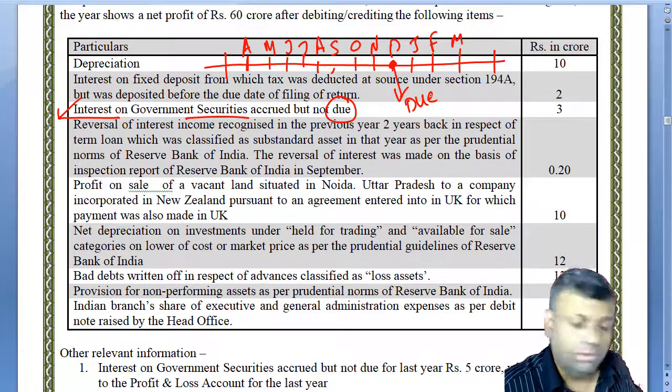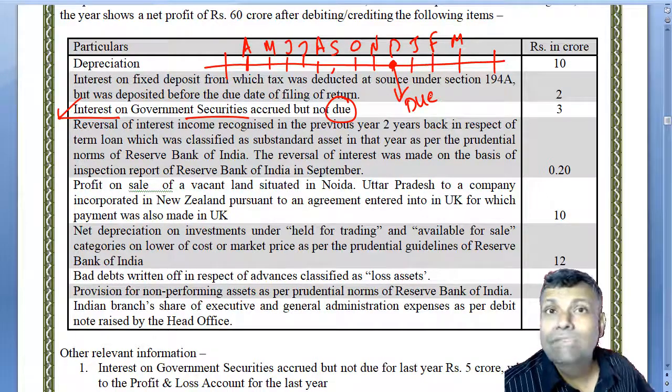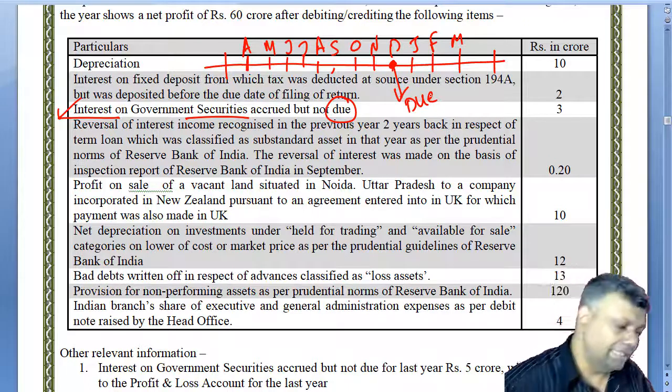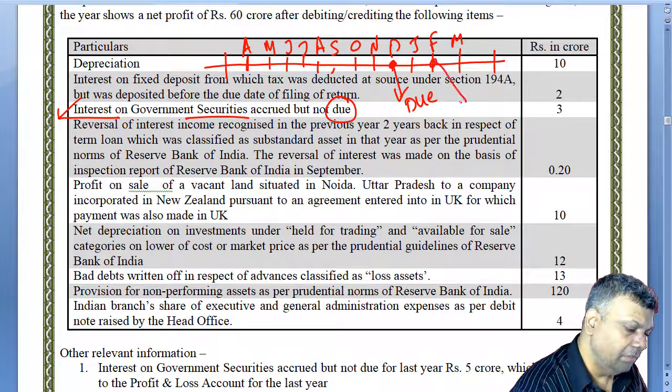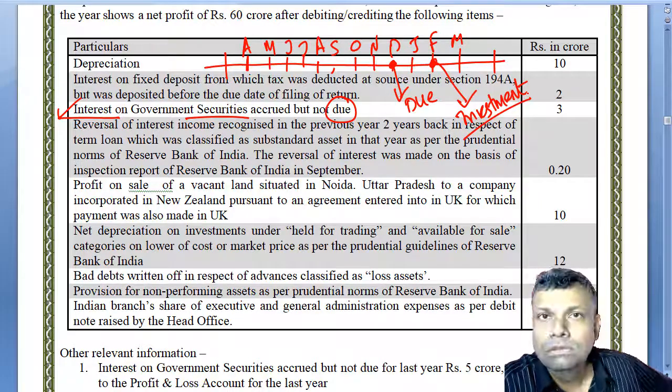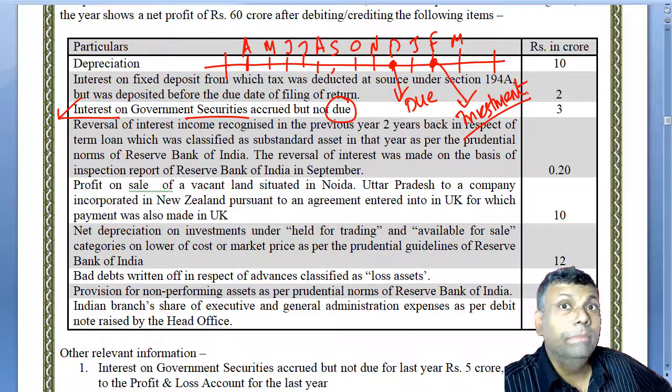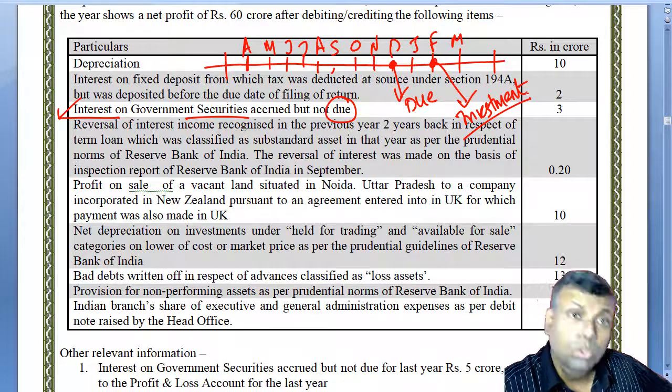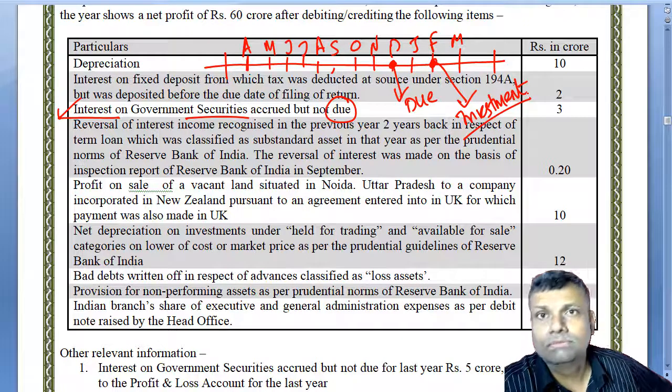Now, say for example, you have invested in the security. For example, your investment is in the month of February. But the interest becomes due only in the month of December, and you have invested in the security in the month of February.